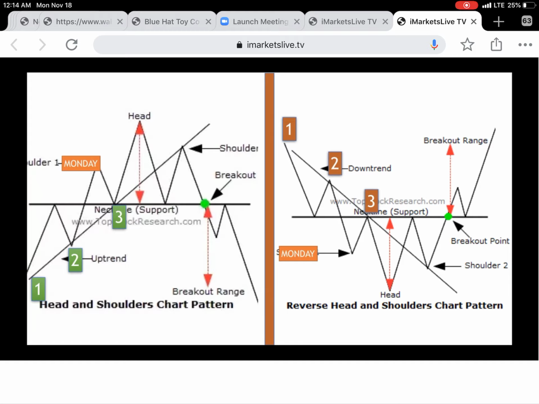Notice from number 3 all the way down to the head, the market drops lower. And then the market comes all the way back up to number 3. Well, what we just did was make a 100% retracement all the way back to 3.